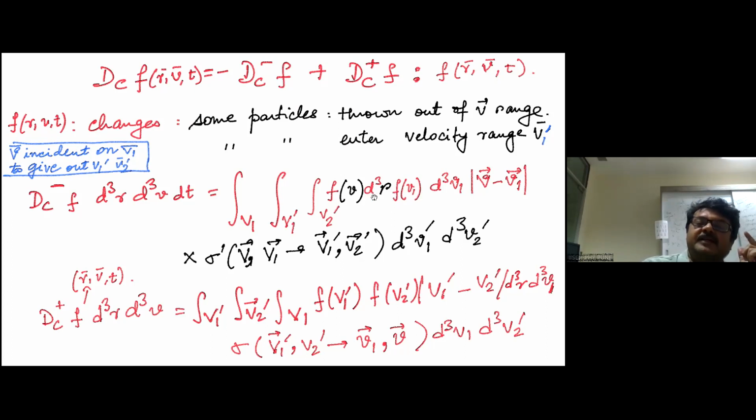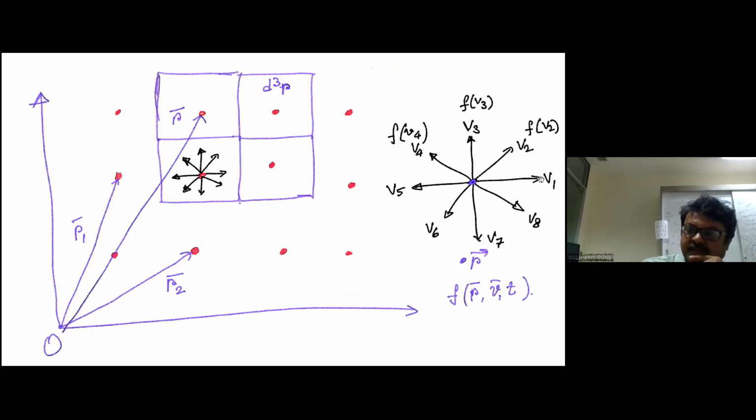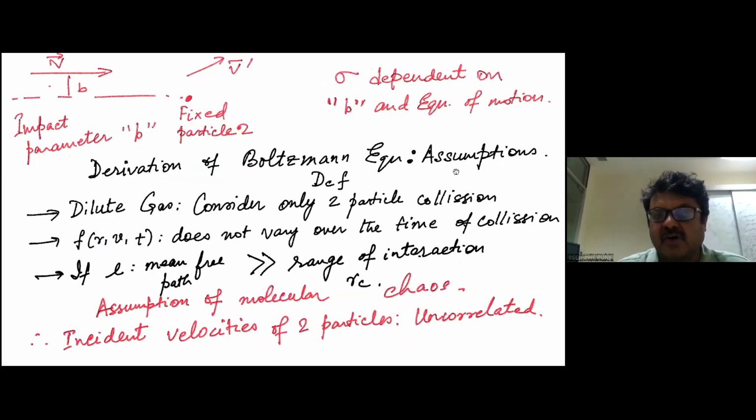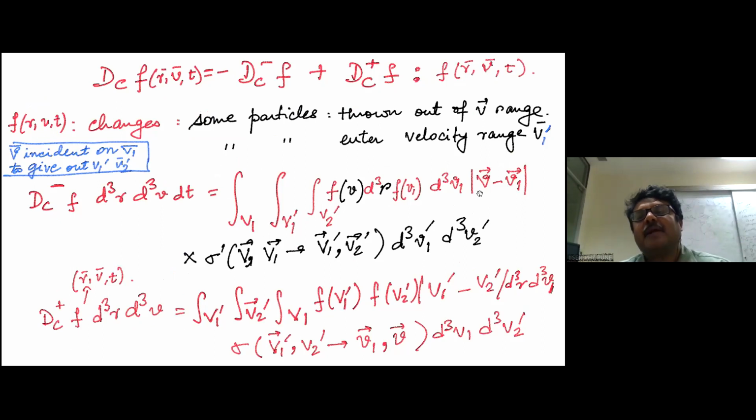You could correspondingly think that the number of particles moving with velocity v1 in this figure are colliding with particles with velocity v2. They are colliding with velocity v3. The number of particles moving with velocity v1 are colliding with velocity v4, right? But whether they will really collide or not will depend upon their relative velocity, right?